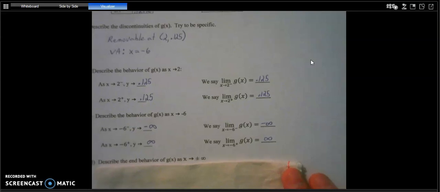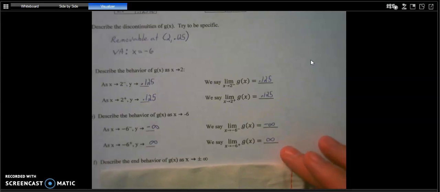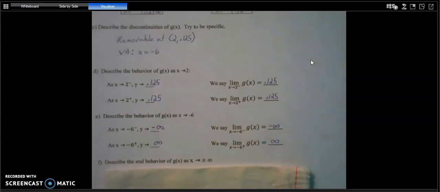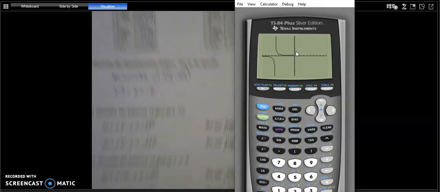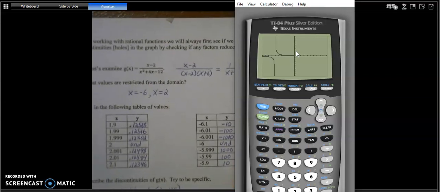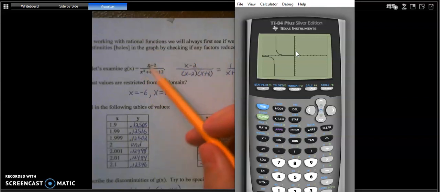So then looking at the behavior of g of x as x approaches positive or negative infinity. So this is looking at the end behavior of the graph. So on our calculator, it's hard to see that. So what we're going to look at is, if you look at our function and put in large positive values, and I always find it easier to look at the original.